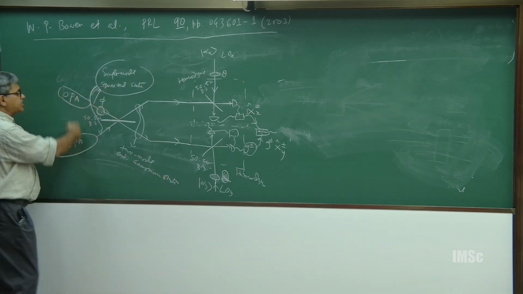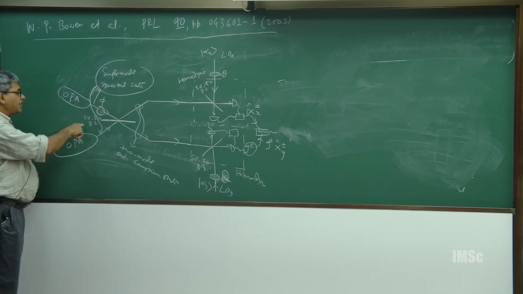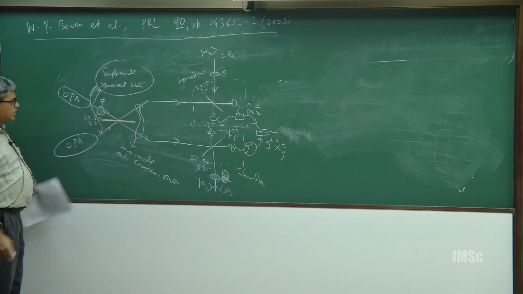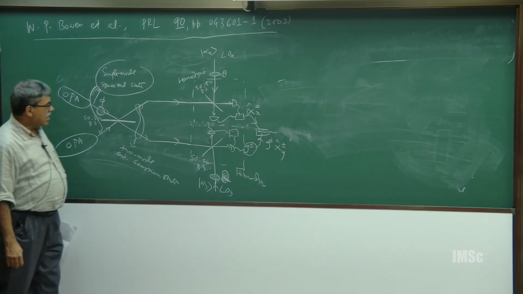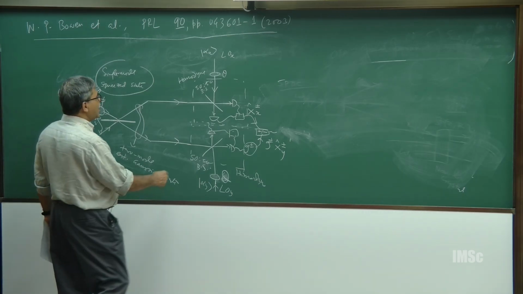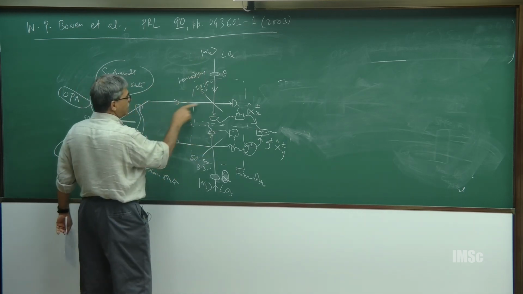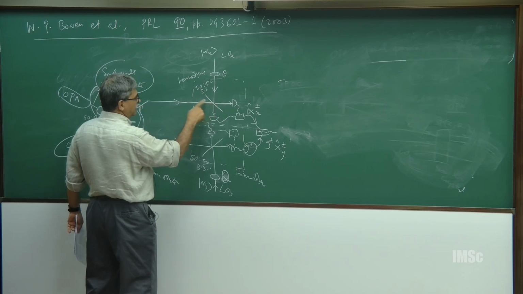This is the preparation procedure. I am not saying that this can prepare an arbitrary 2 mode Gaussian state, but this is a particular preparation procedure. And then you have this classical oscillator, an equivalent state, and you pass it through this 50-50 beam splitter.